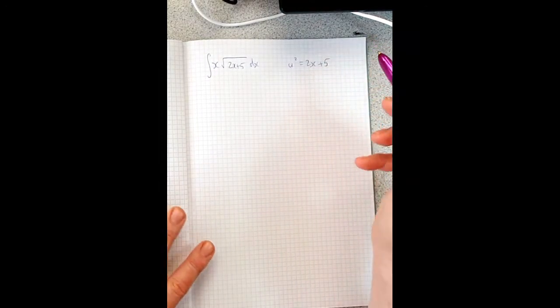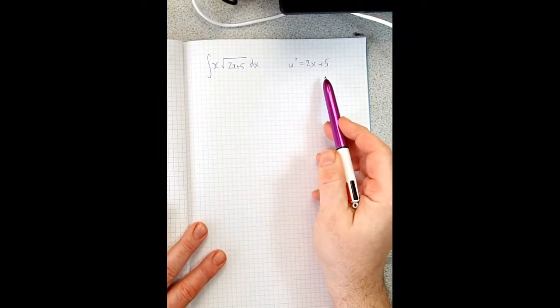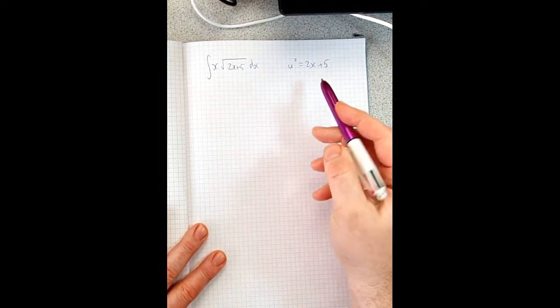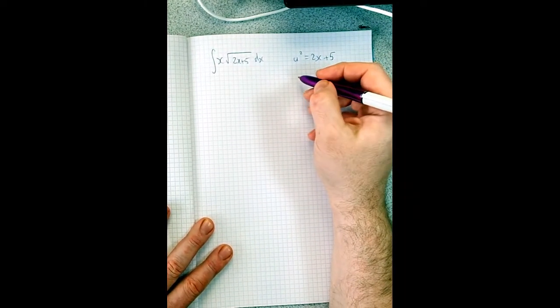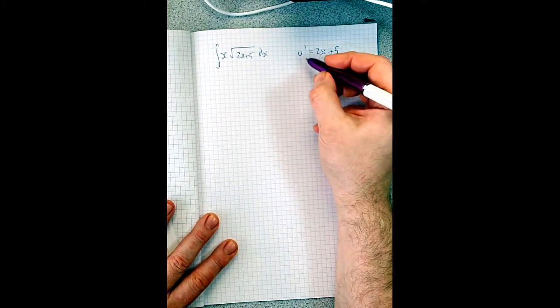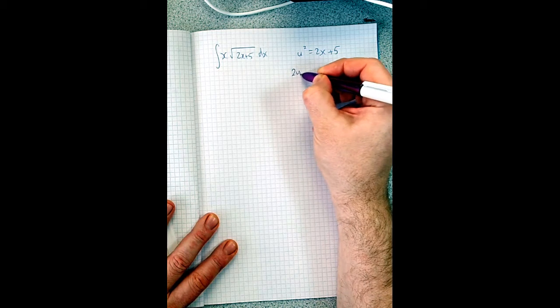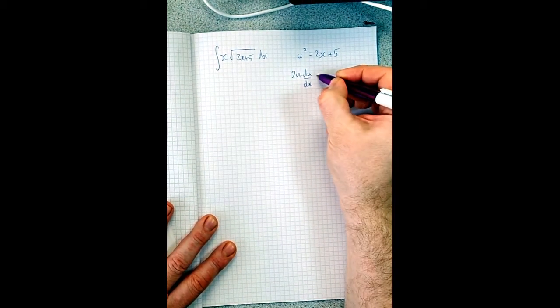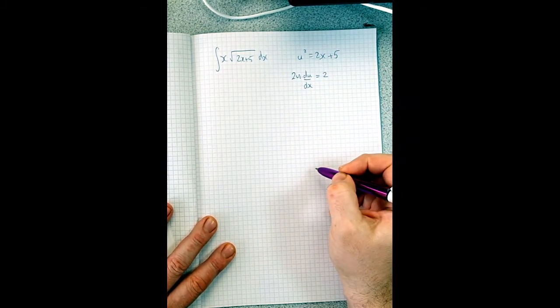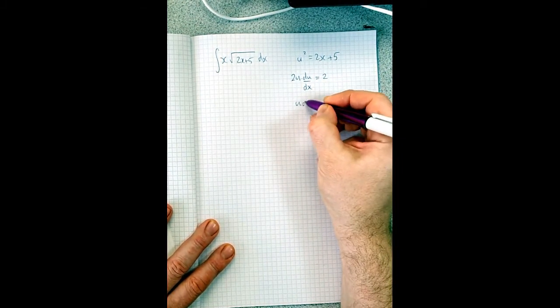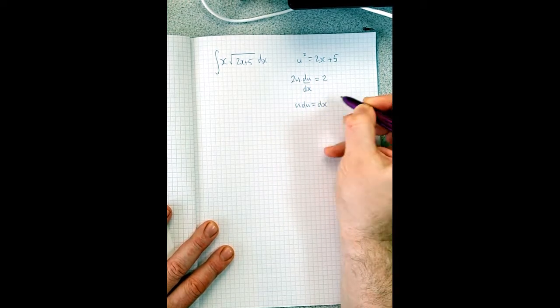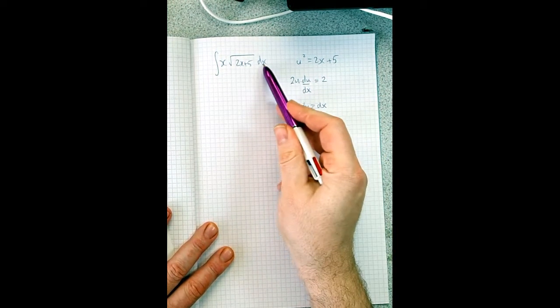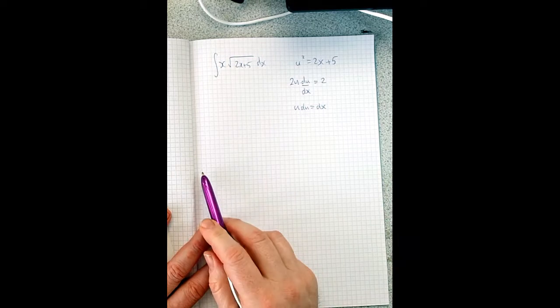Now, remember when I differentiate by x, if my expression is not in x, I use implicit differentiation. So differentiate with respect to u multiplied by du dx. So u du equals dx. So I'm going to replace my dx with u du.